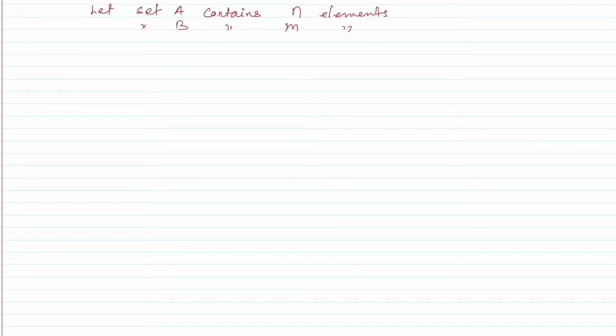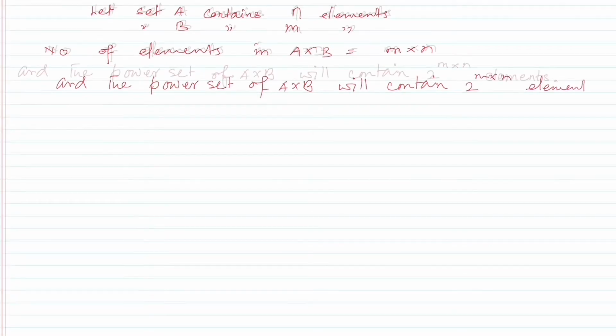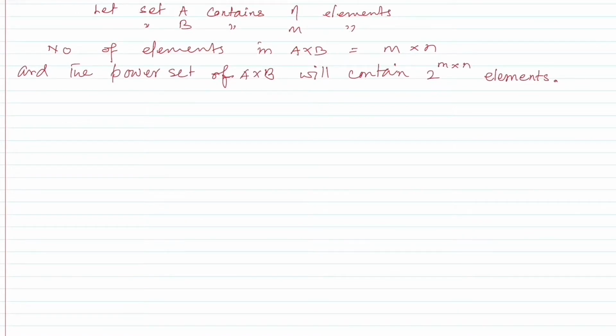Then the Cartesian product of these two sets, A cross B, will contain m into n elements, and the power set of A cross B will contain 2 to the power m into n elements. Let me take an example in order to explain this.